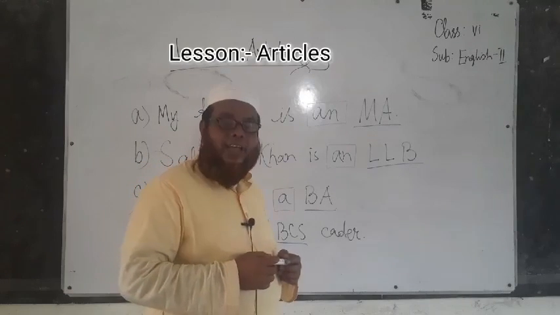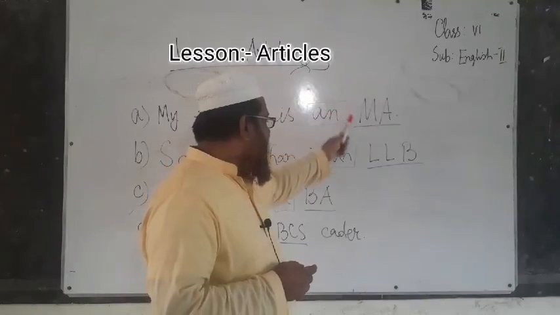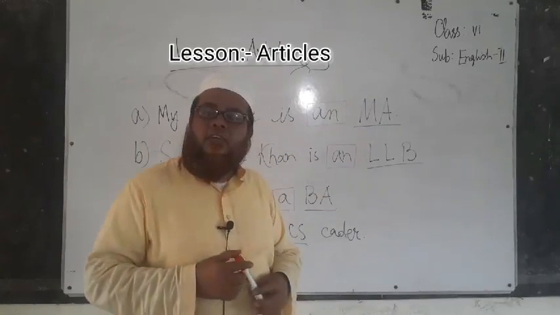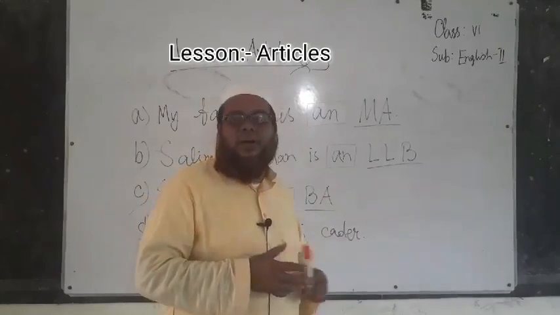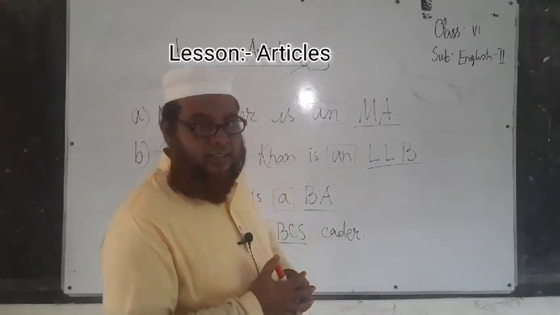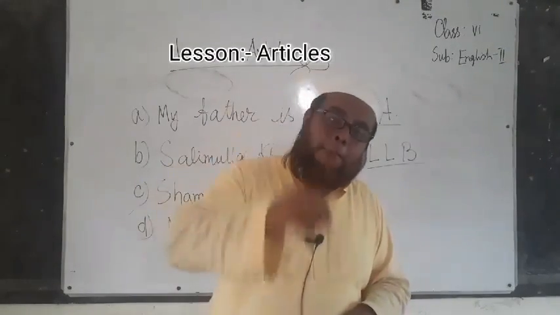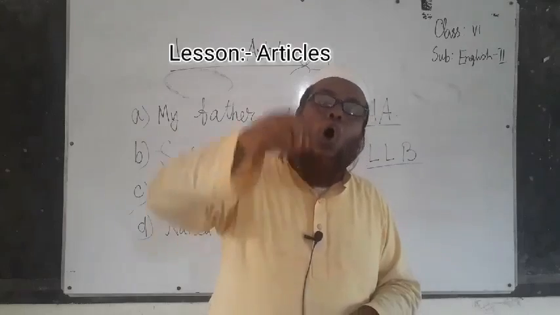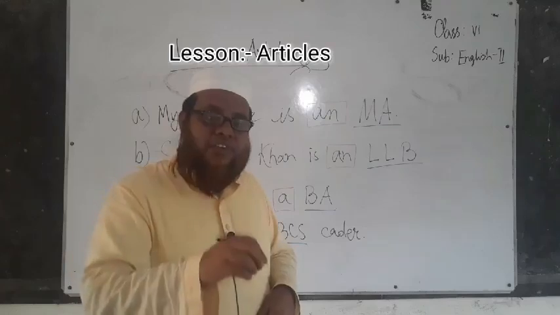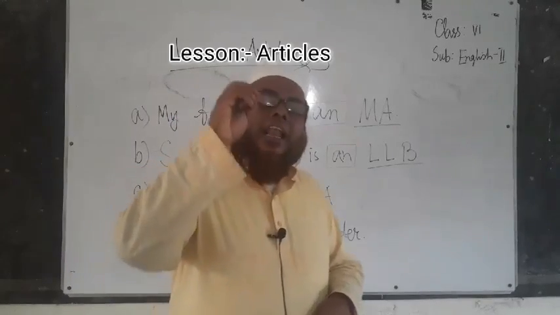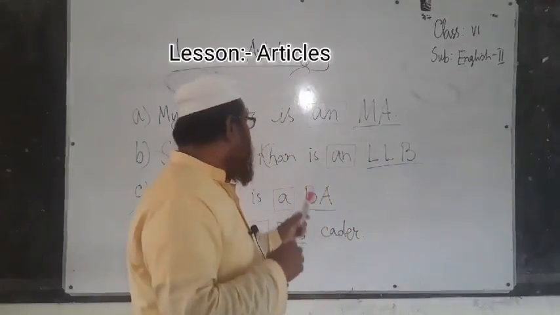Now, the question is why. Why do we use 'an' in the first examples, and why do we use 'a' in the last two examples? The matter is that using an article with an abbreviation completely depends on pronunciation. If an abbreviation is pronounced like a vowel, then we have to use 'an'.